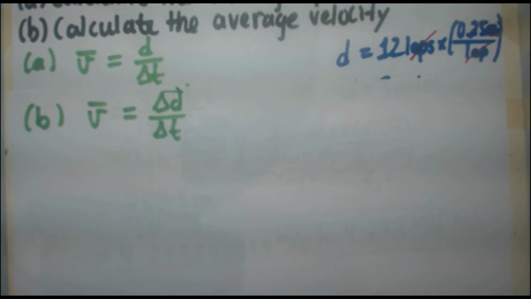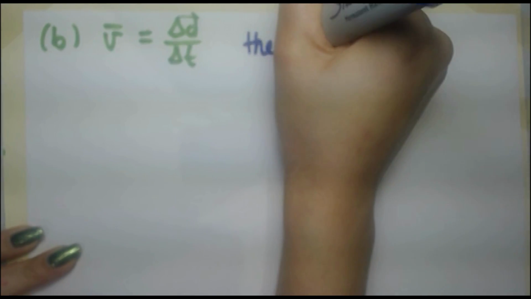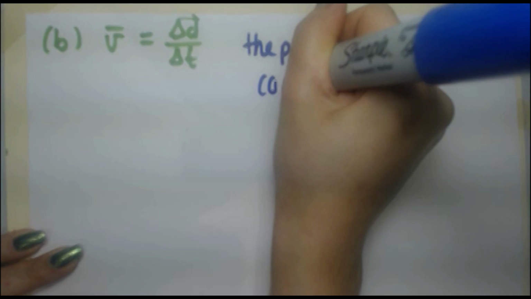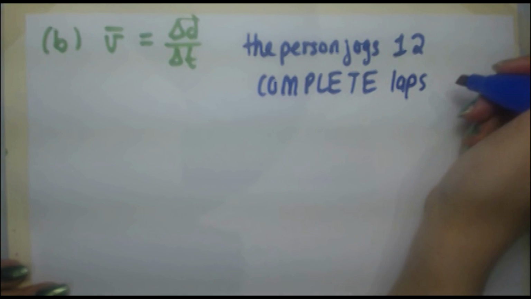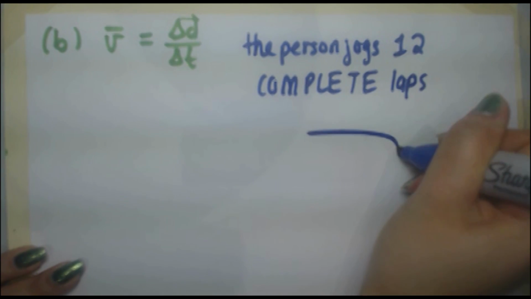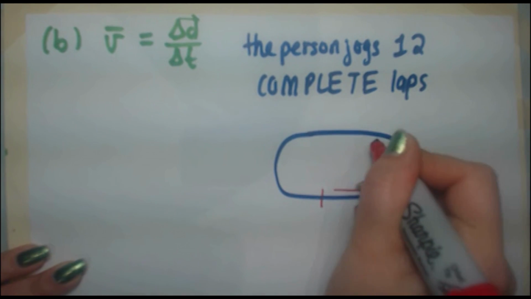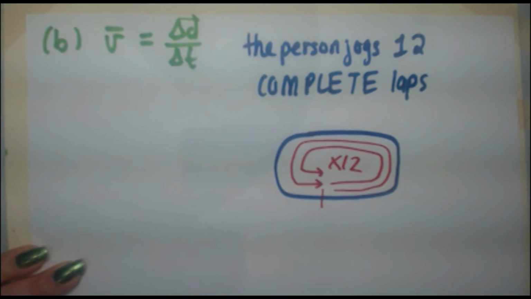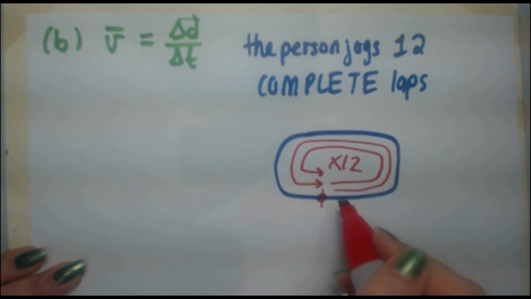Now, before I even plug in any numbers, there's something that I have to make absolutely clear. The person jogs 12 complete laps. So it doesn't really matter how many times they went around. Let's say this is the track, and the person started here. That means they ran around 12 times, but the idea here is it doesn't matter how many times they ran around because they always finished where they started.